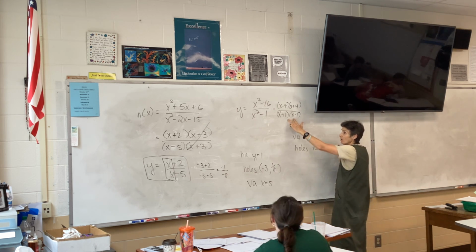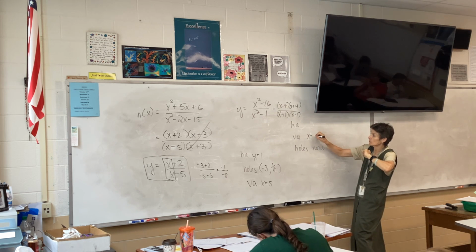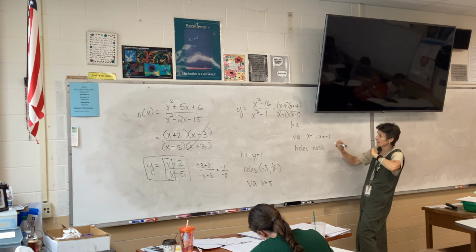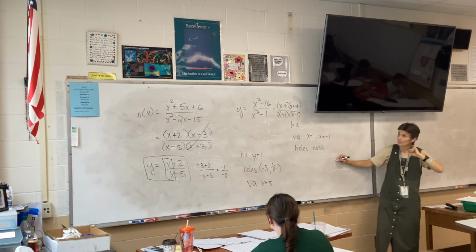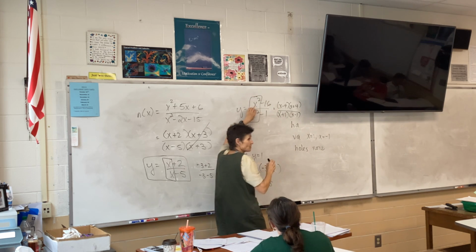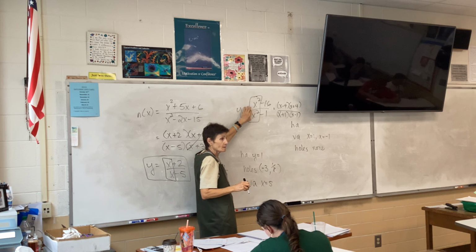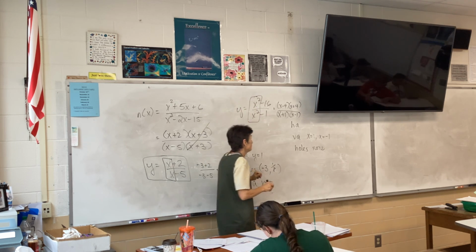Well, yeah, aren't there 2 vertical ones? X equals 1 and -1. And is there a horizontal? I think it's easier to see it back here. The horizontal is at y equals 1.